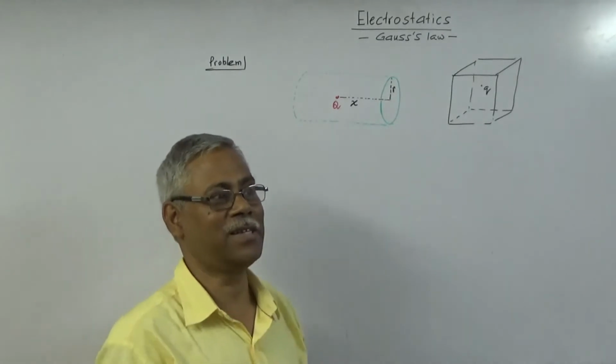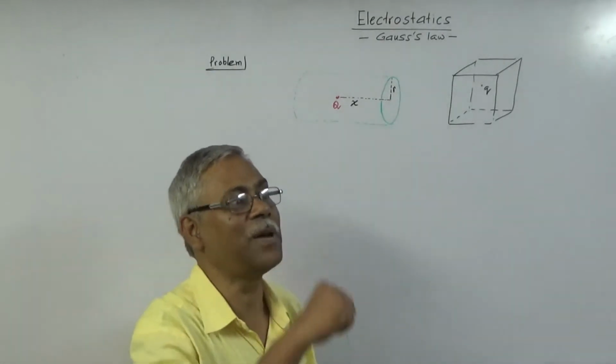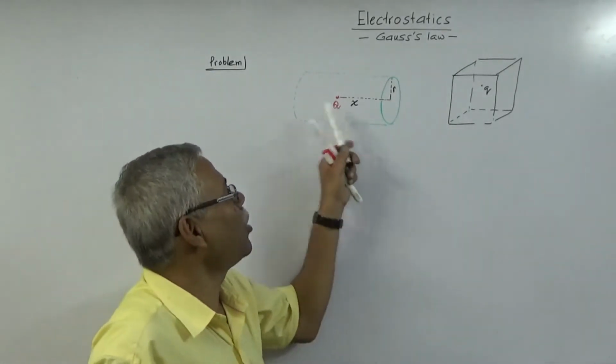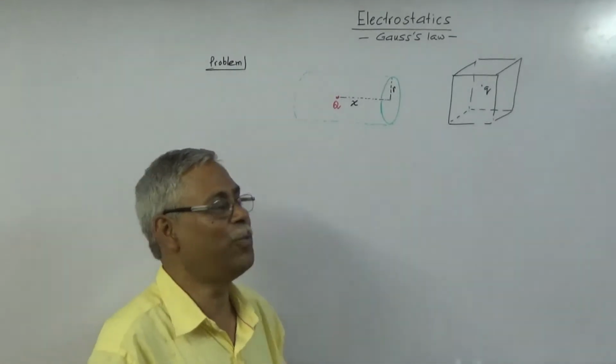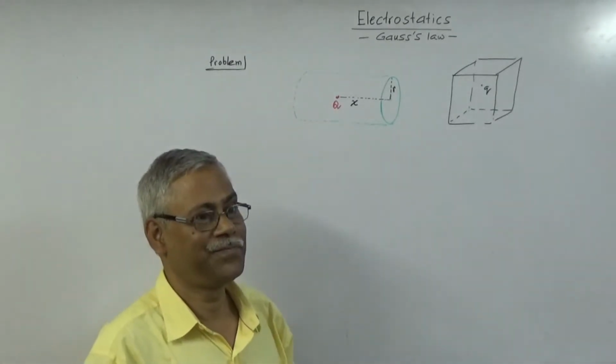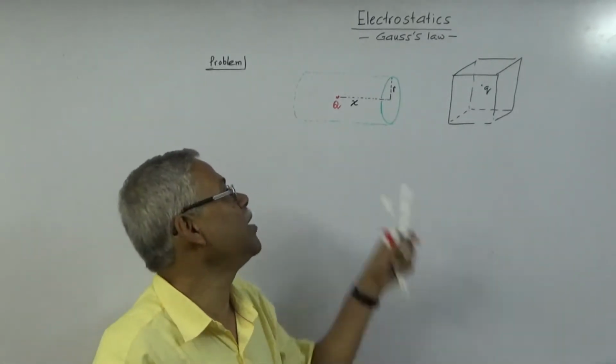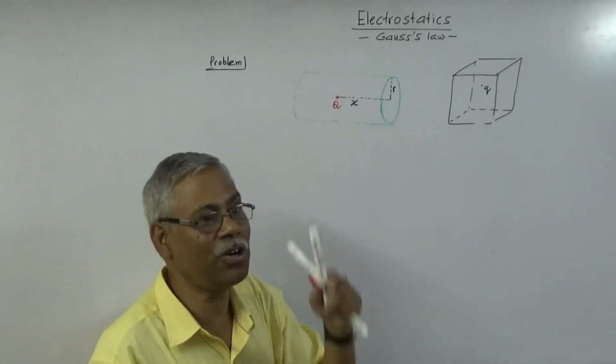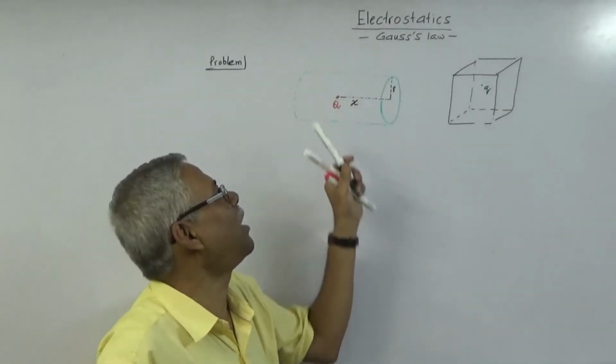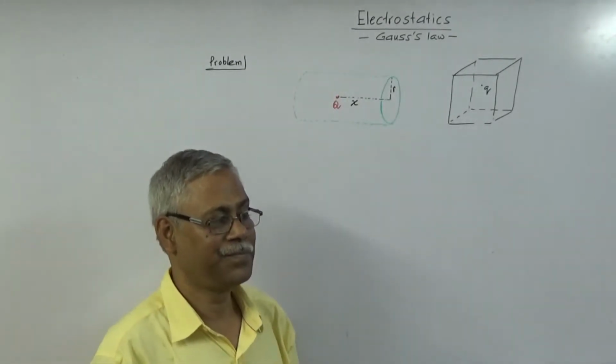So you cannot do Q by epsilon naught by 6. Here also you cannot do Q by epsilon naught by 3 or Q by epsilon naught by 4. Total is known, but how much is falling on this surface is not known. How much is falling on the curved surface is not known.